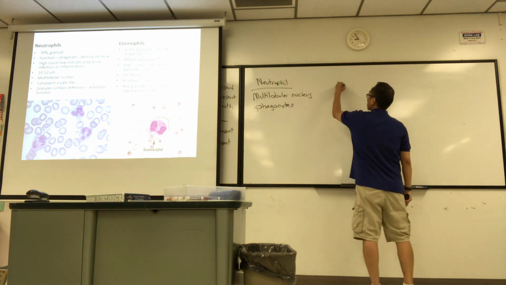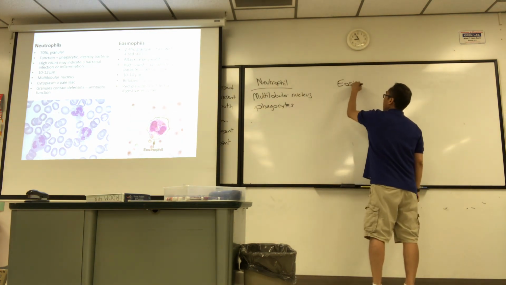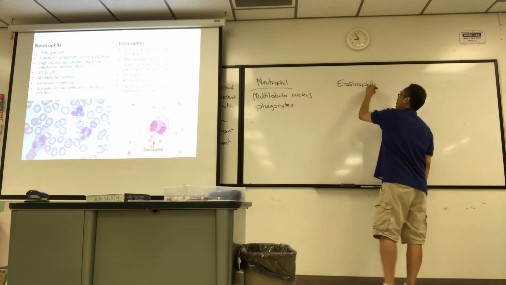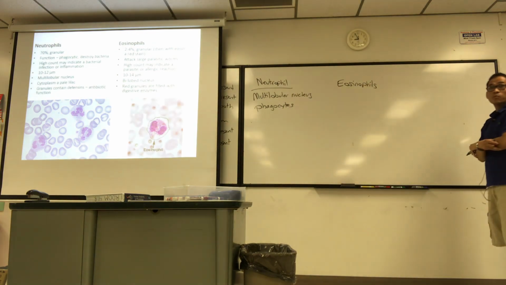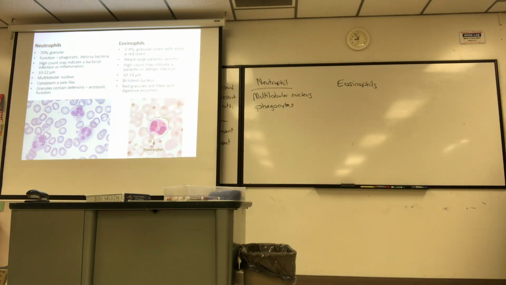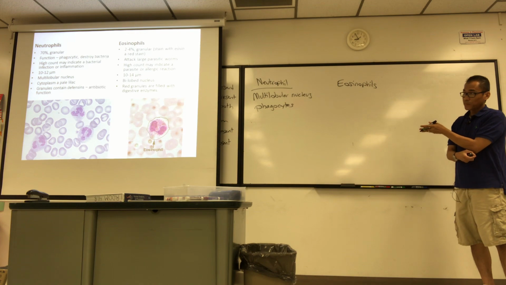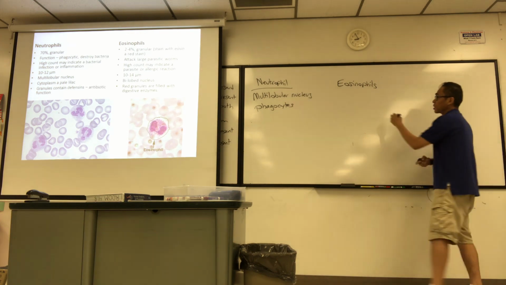Eosinophils, they're red. Remember, eosin means red in this class. So what you got to do is look for the reddish color and look for the bilobed nuke.